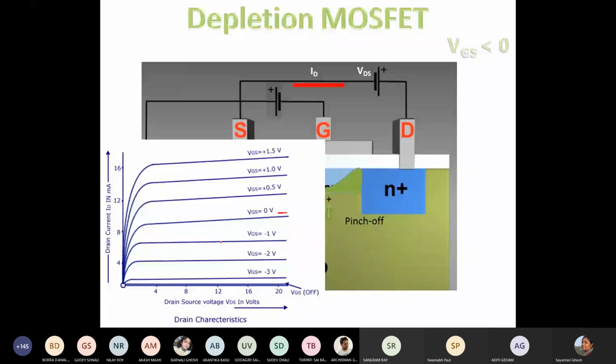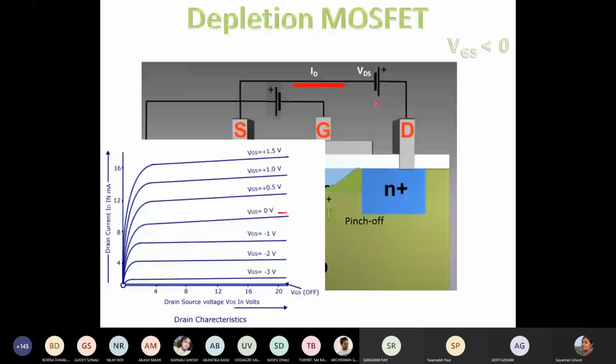But still some current would flow and it will again saturate at a certain value of pinch off that is caused by VDS, that is trying to pull the electrons, but in that course it is also increasing the depletion region.